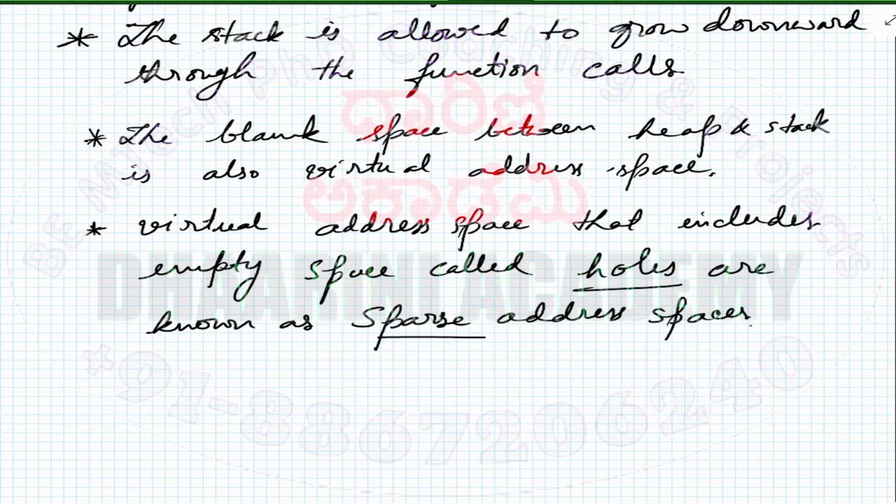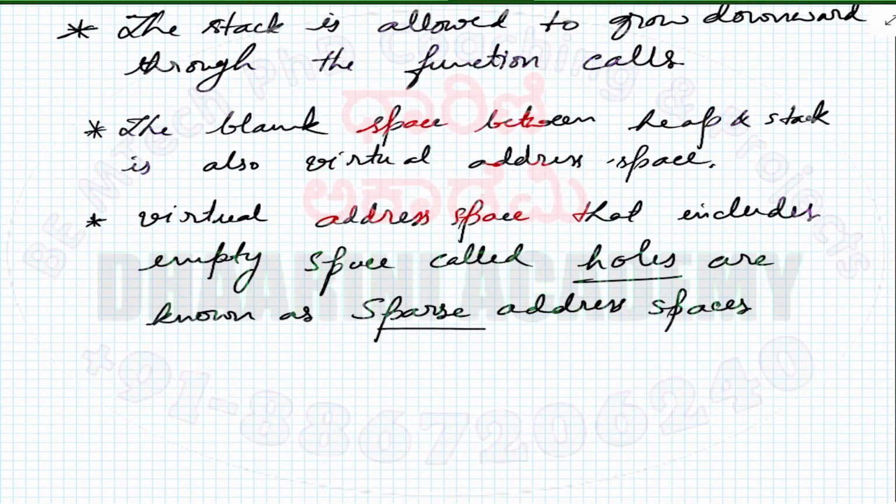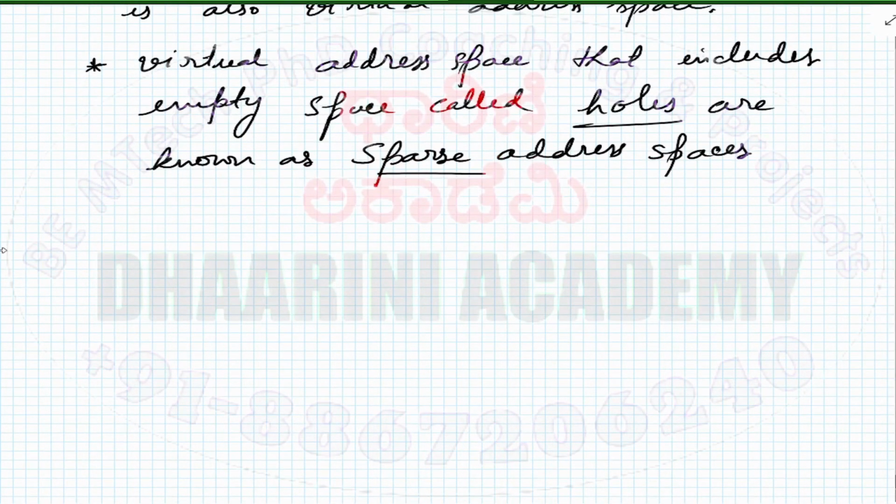So when we use sparse addressing, there is an advantage. The advantage is that you can fill the holes, in the sense whichever space is empty, by using a stack, by using a heap, or you can allocate dynamically. So the advantage is that.